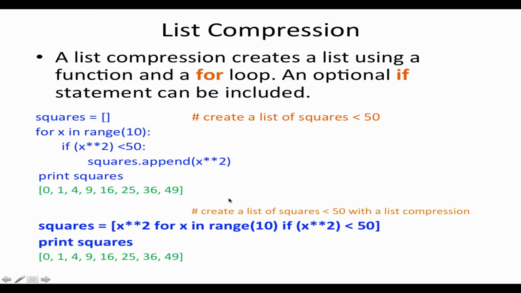So instead of saying for x in range 10, if x to the second power is less than 50, append to this list squares that value, and then print them out, you could say this list equals x squared for x in range 10 if x is less than 50. So the logic is the same, but it compresses it down into one nice, neat statement and dumps the value of that expression into the list all in one shot.